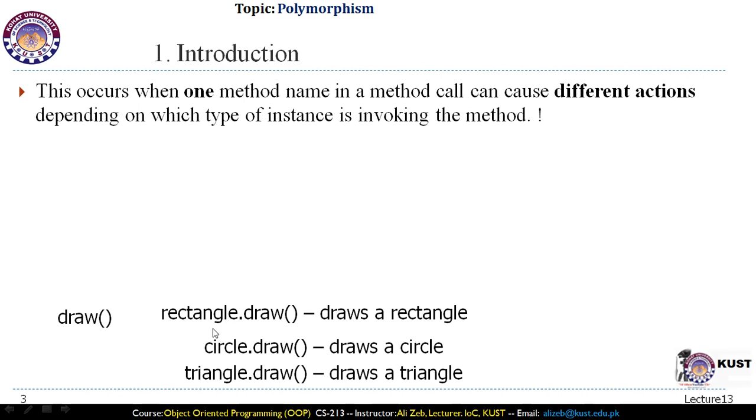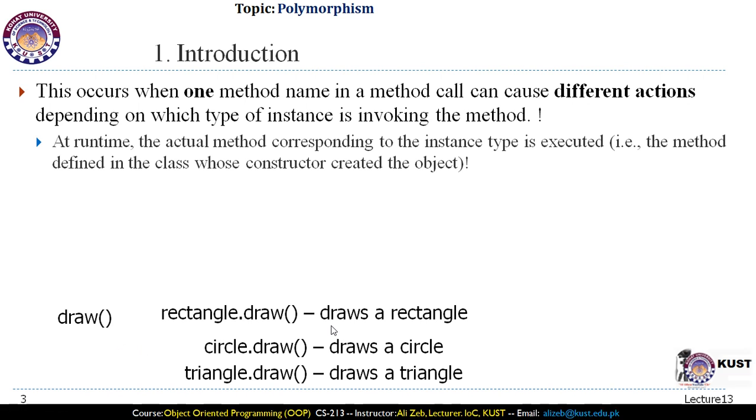This is the idea of polymorphism, where the behavior of the method call changes at runtime. At runtime, the actual method corresponding to the instance type is executed. So it totally depends on the calling object. The same name method will give us different outcomes.